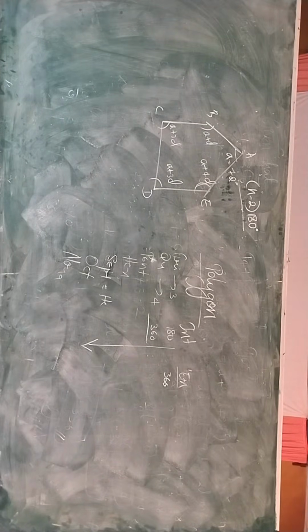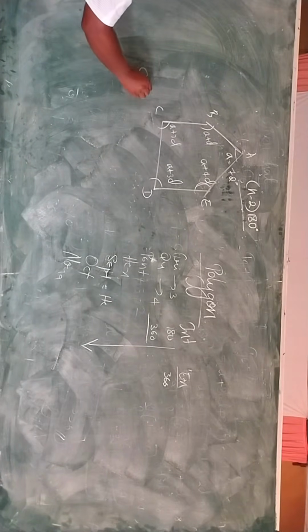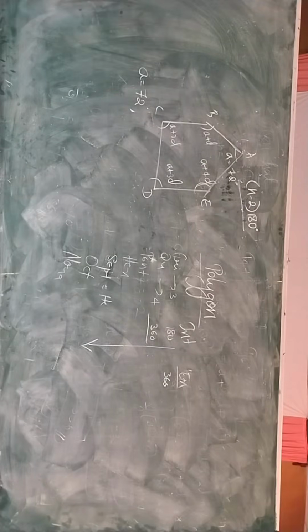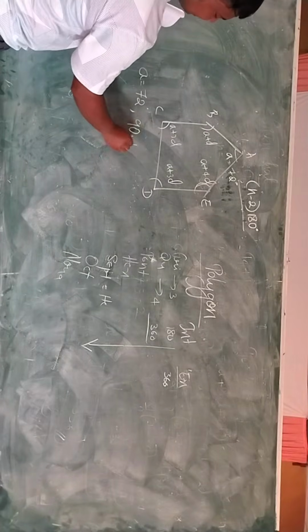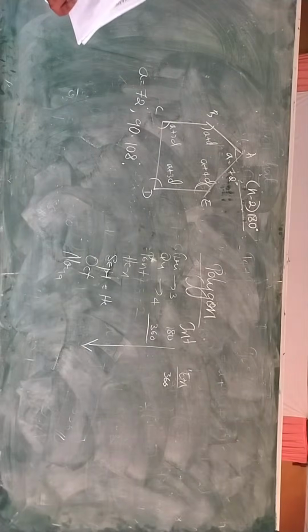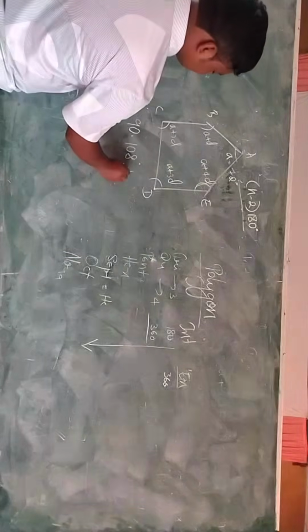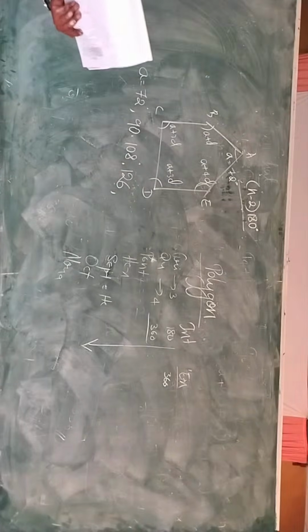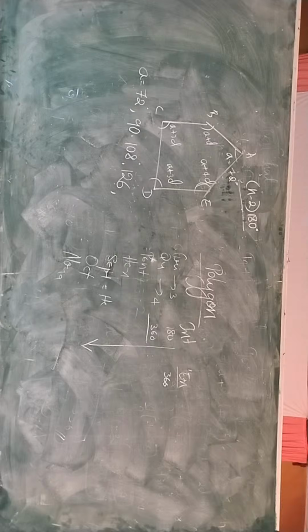Tell the angles. First angle 72 degrees, then the second angle 90. What is the common difference? Common difference 18. Yes. Second angle 90, third angle 108, fourth angle 126, the next 144.